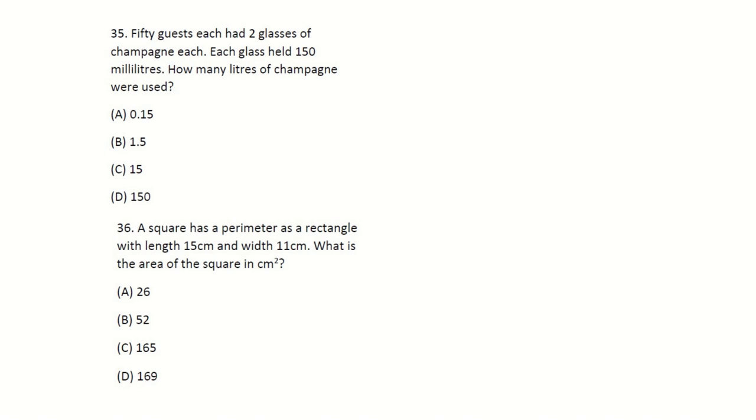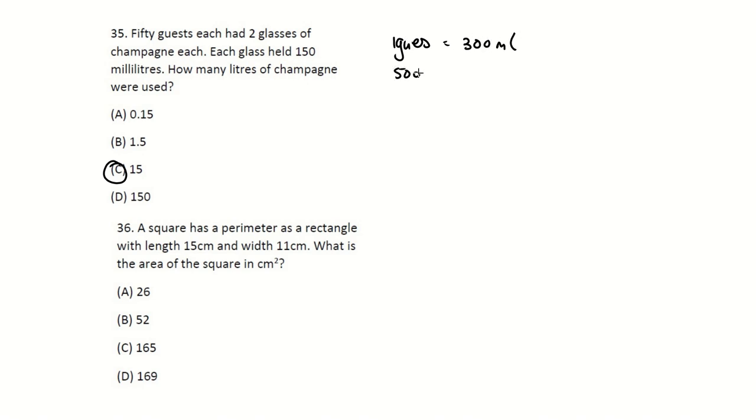Now, if you guys remember this question, 50 guests had 2 glasses of champagne each. Each glass had 150 milliliters. How many liters of champagne was there? If you remember from the previous question, it was 15 liters. But let's just do this question, right? We know that one guest would be 300 milliliters.